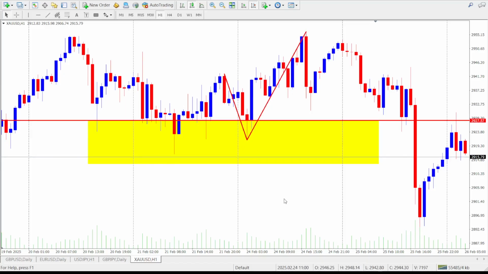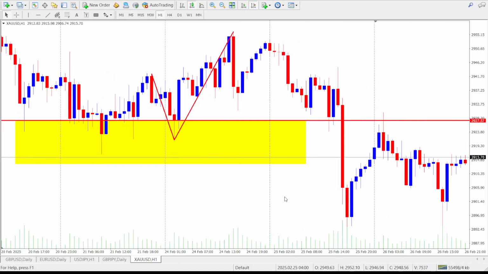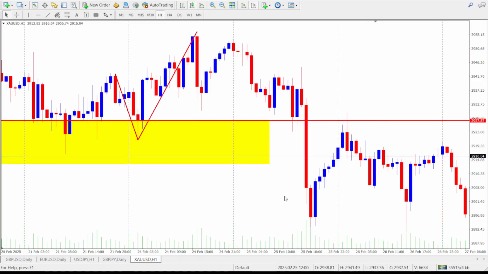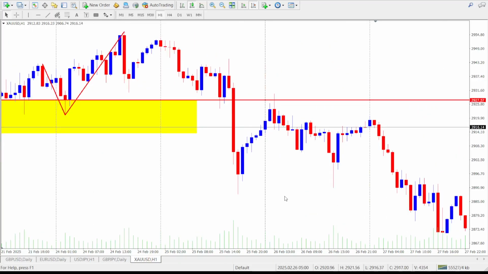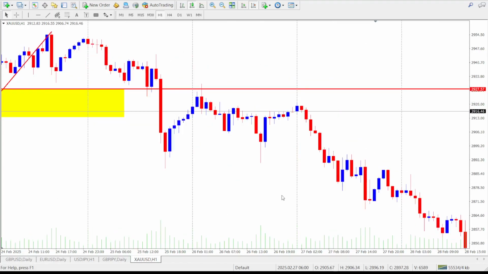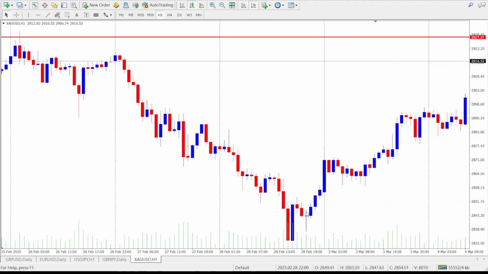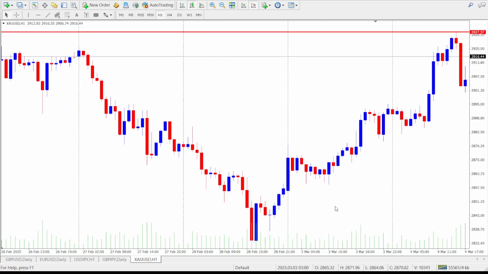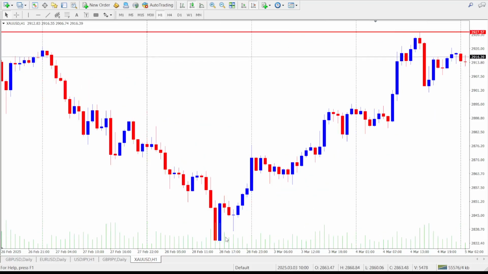Then we have the engulfing candle. There is a bullish engulfing and a bearish engulfing. A bullish engulfing candle forms when a large blue candle completely covers the previous red candle, like what we can see happen here.